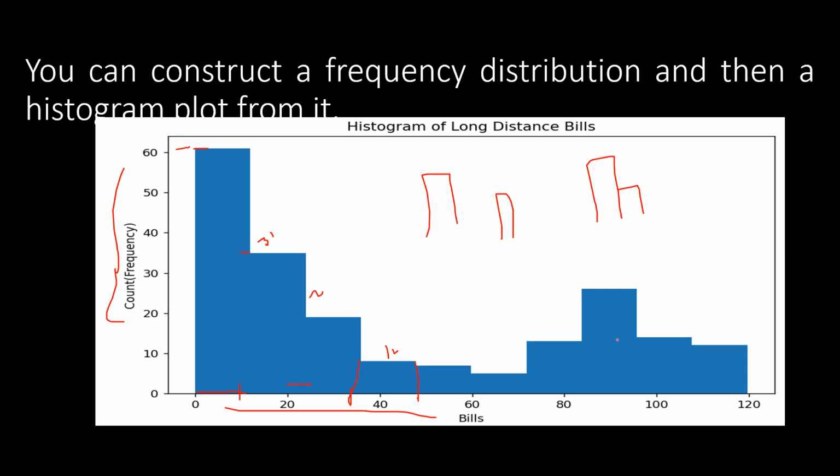Okay, it looks like a bar graph, but two things: this is your x-axis, correct? And this is your y-axis. On the y-axis, you have the frequency or the count, and your x-axis values will be all continuous. All right.